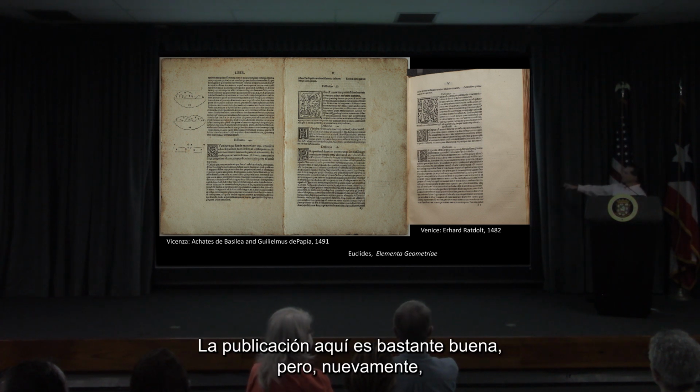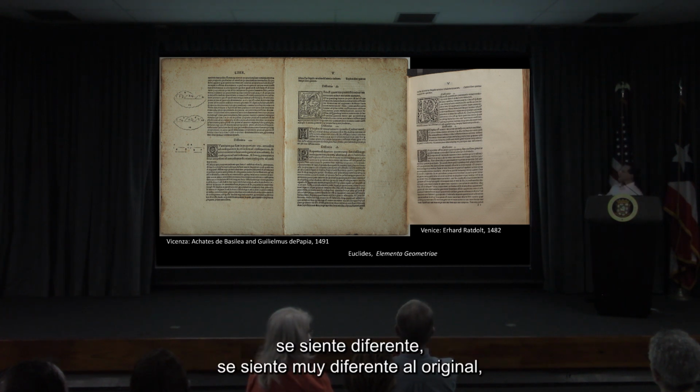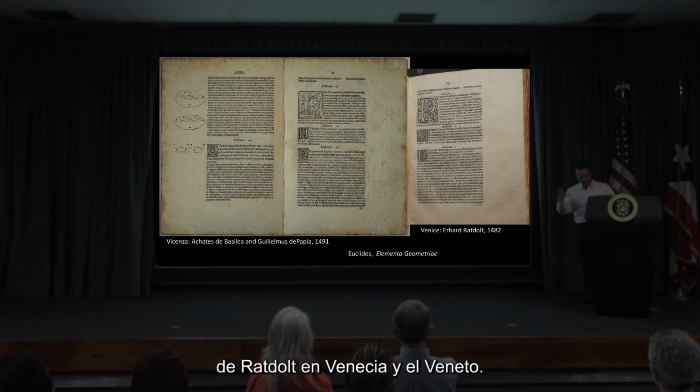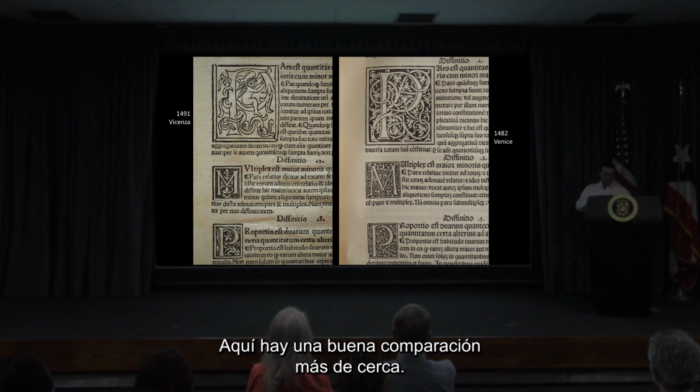The publication here is pretty good, but again, it feels differently, a very different feel than the original, but it is part of the Rattle and a major legacy in Venice and the Veneto. Here is a good close-up comparison.